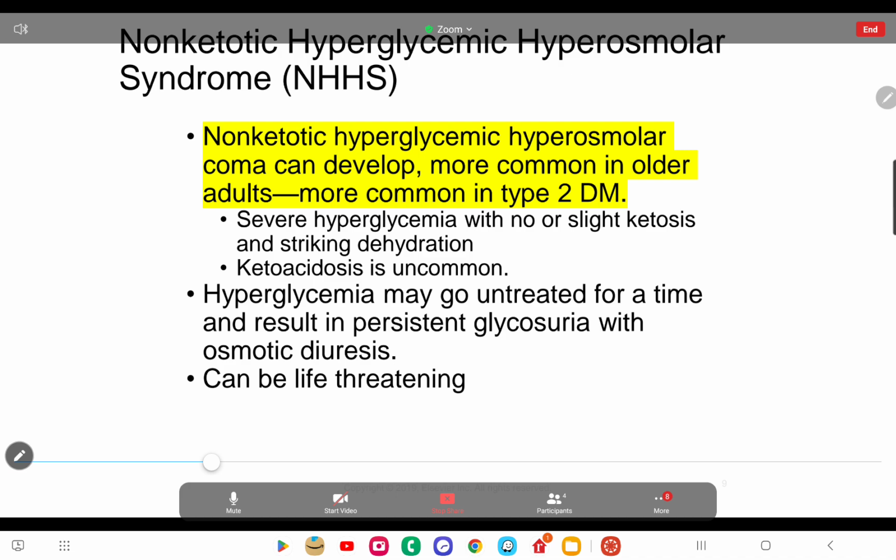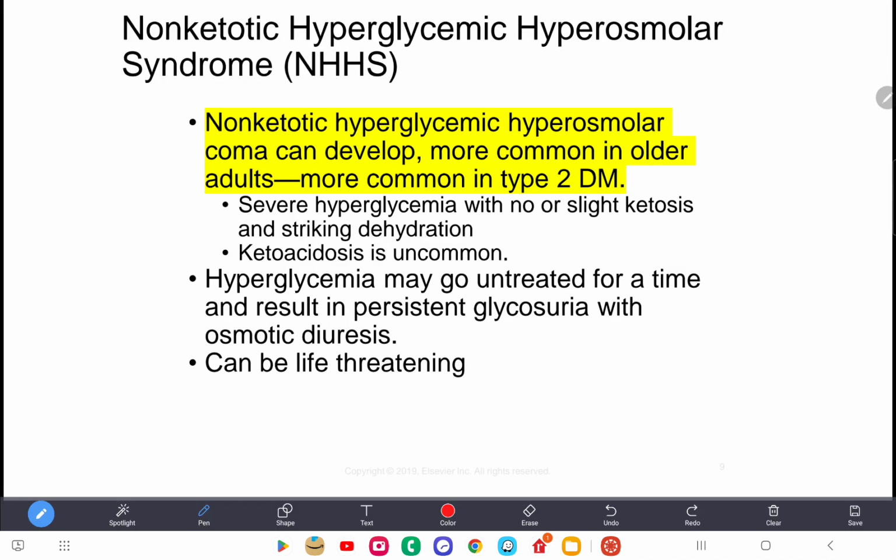So right here, the hyperosmolar state. Remember, when we talk about hyperosmolar state, you have to think about diabetes type 2. Hyperosmolar state, non-ketone bodies. Ketosis is uncommon. You don't produce ketone bodies.